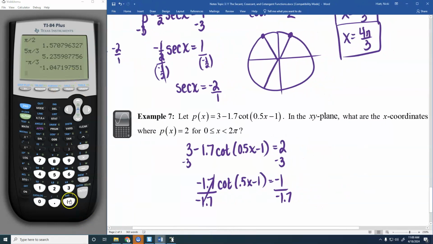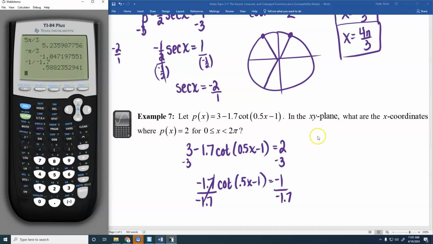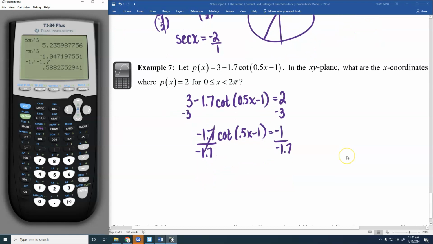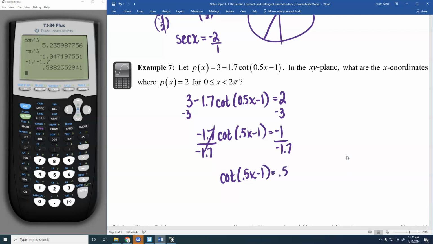So we're getting negative 1 divided by negative 1.7. We'll get 0.588. Keep that number in your calculator. We got cotangent of 0.5 x minus 1 equals 0.58823, and so on. Keep that number in your calculator. You don't want to round till the very end of this.